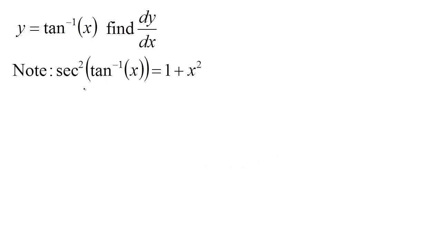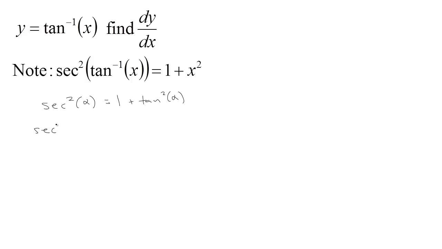Now before we do that, I want to point out that the secant squared of the arctangent of x is 1 plus x squared. That's because of our Pythagorean identity. The secant squared of an angle is 1 plus the tangent squared of that angle.